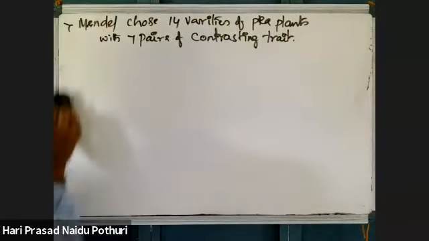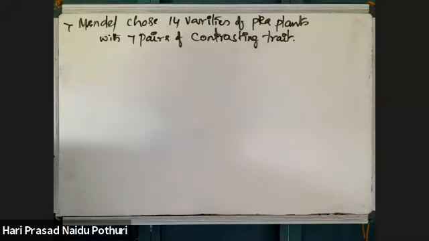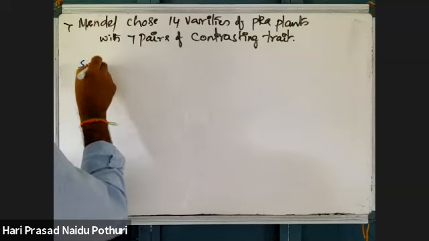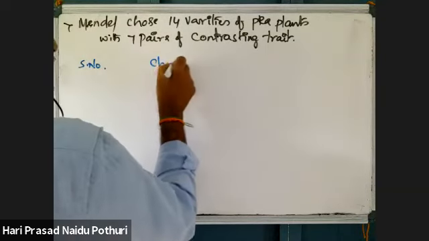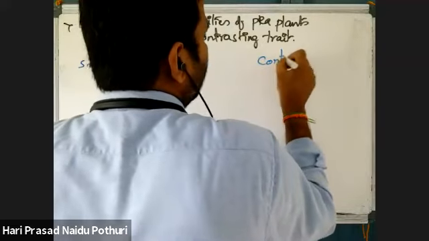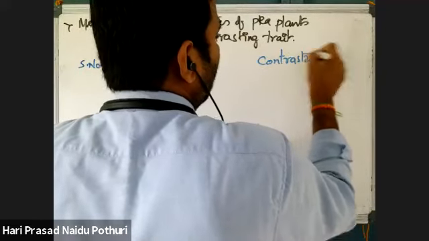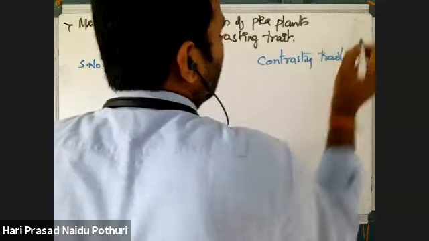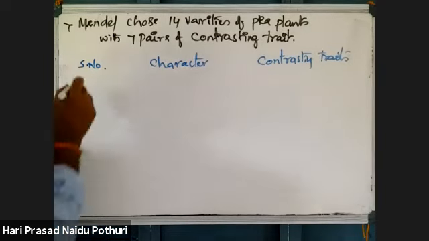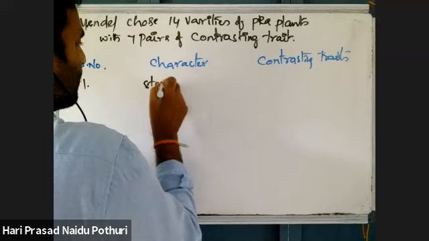See what characters he studied. I will list them right now: serial number, character, contrasting traits. What are the 7 characters? One by one. One is stem height.